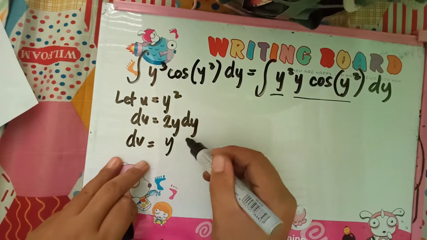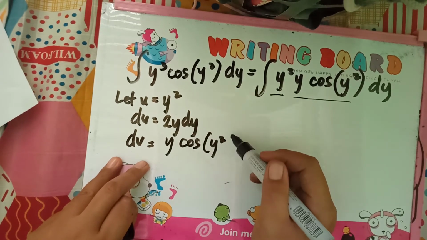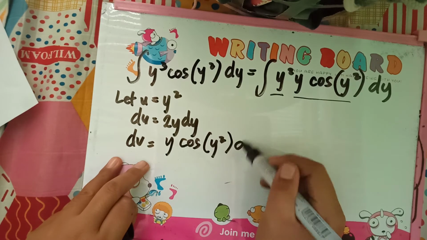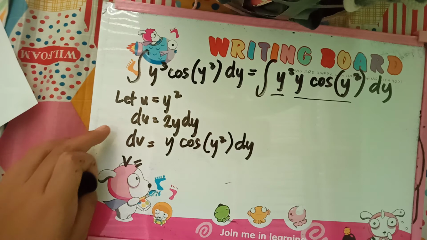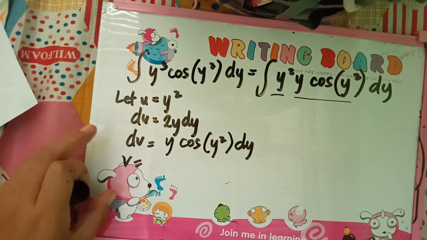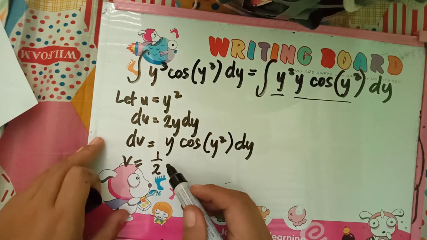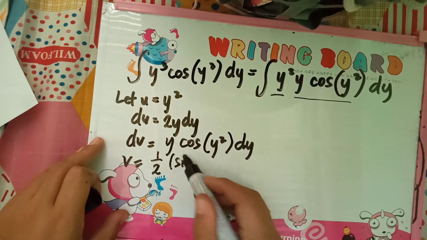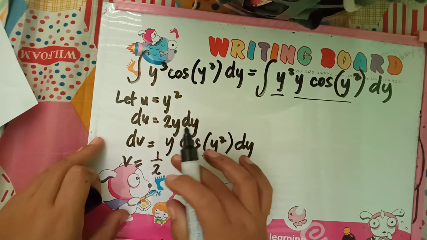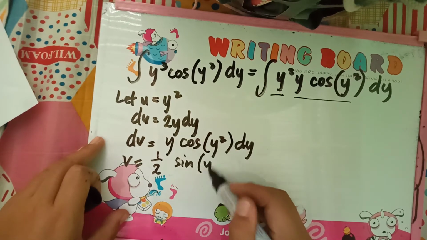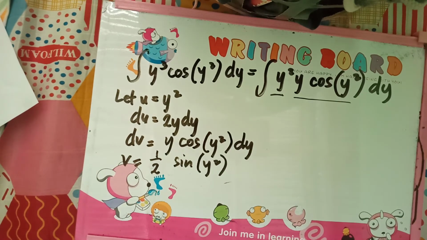So, y cosine y squared dy. Okay? Your v, integrate natin, your v will be 1/2 sine y squared. Ayan.